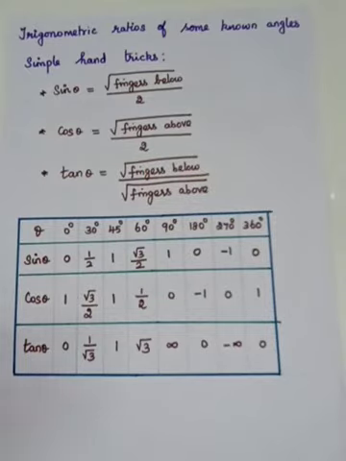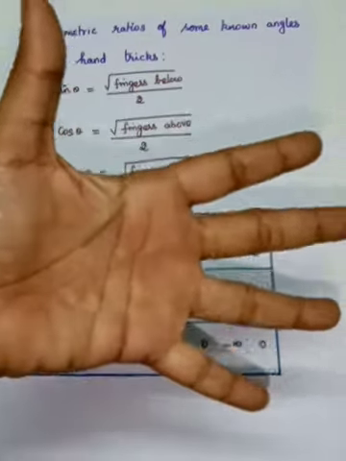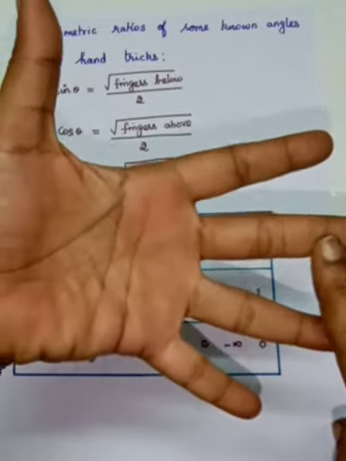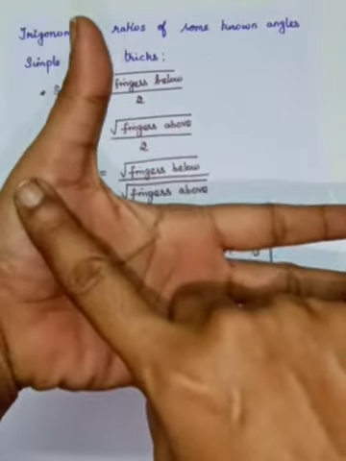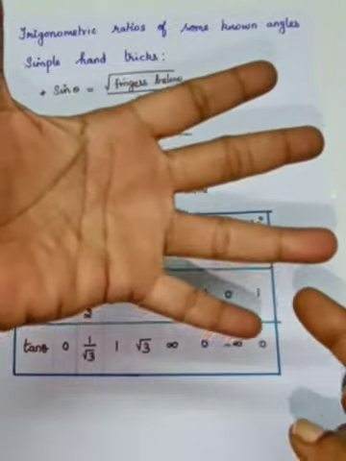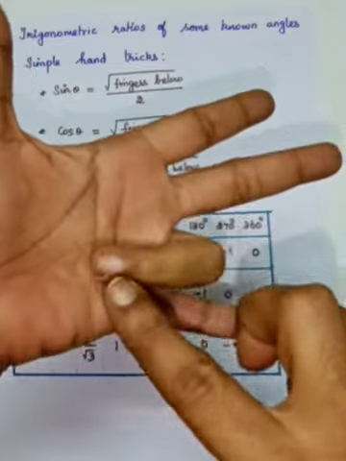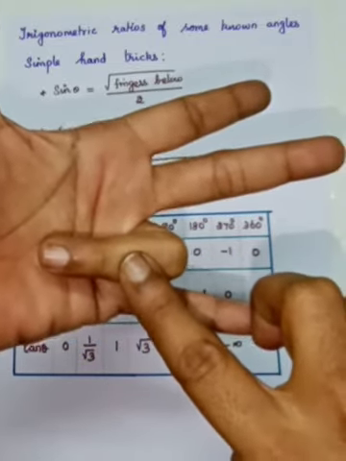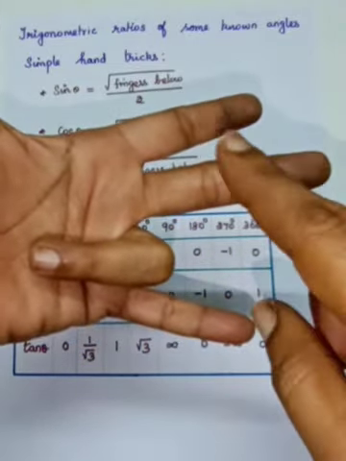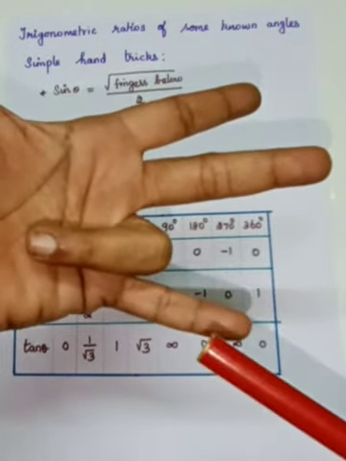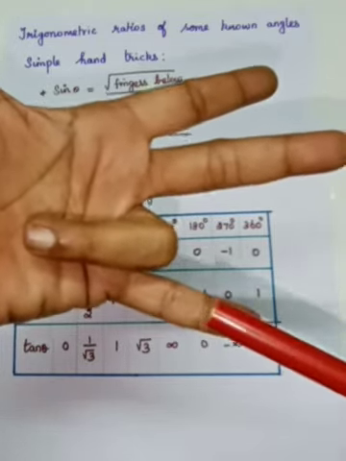You see the left hand: this is 0 degree, this is 30 degree, 45 degree, 60 degree and 90 degree. If you want to find sin 30 degree, you just fold this finger. So what is the trick I have said? It is the square root of fingers below divided by 2. How many fingers below? It is 1 finger.